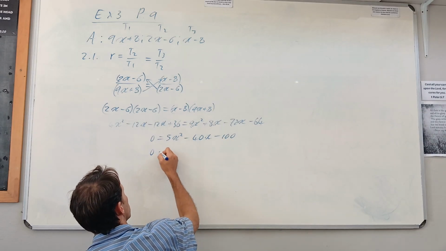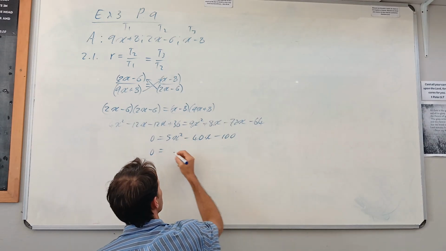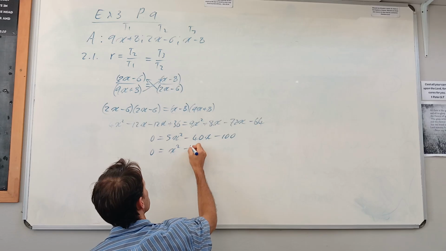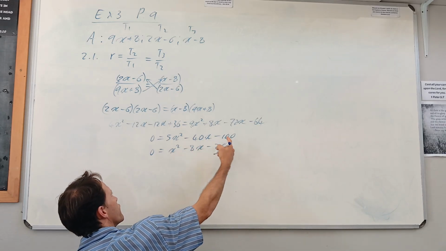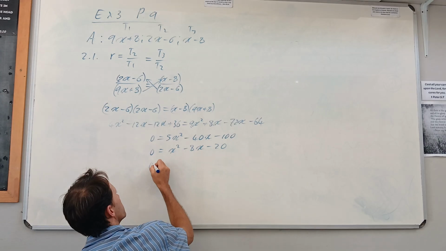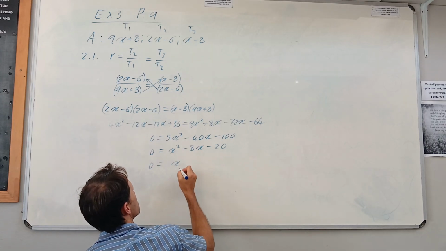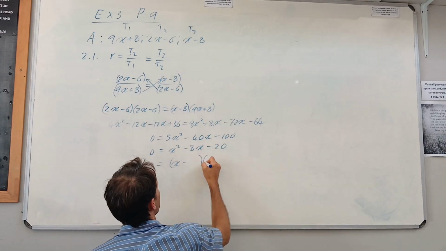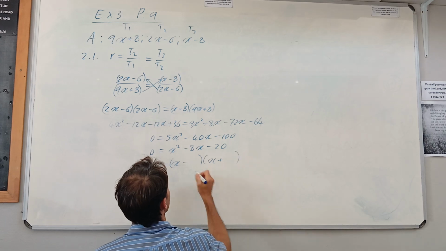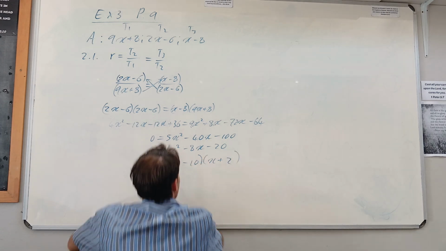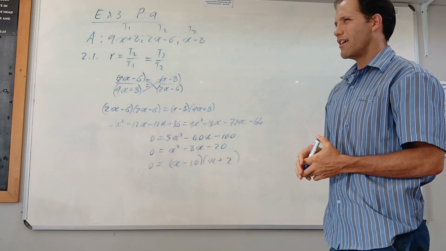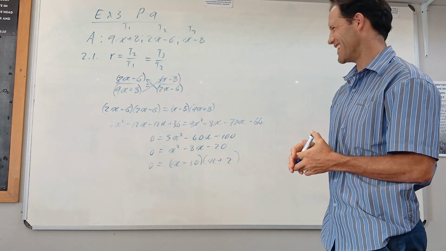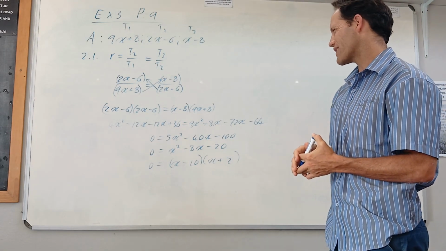Now we can see if we can simplify it first. We can divide everything by 5, and then we get x squared minus 8x minus 20. So therefore it's going to be x minus and x plus, and then obviously 10 and 2. That's just grade 10 work. I just go through the factorizing again.